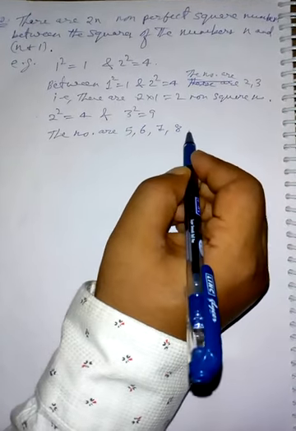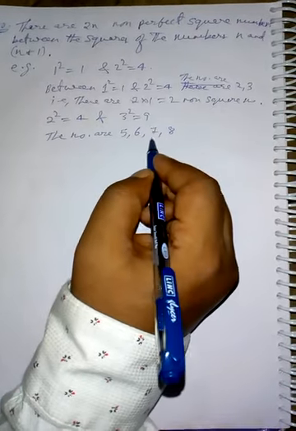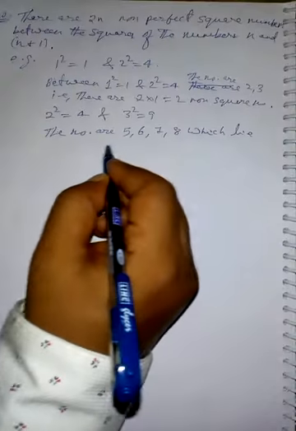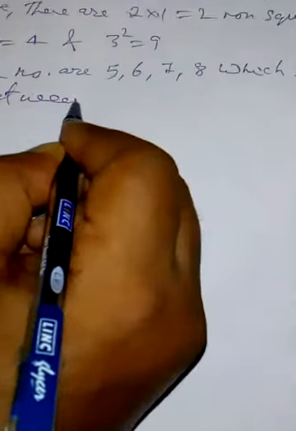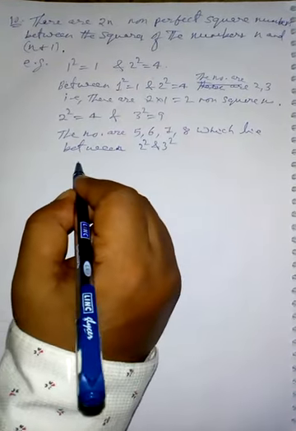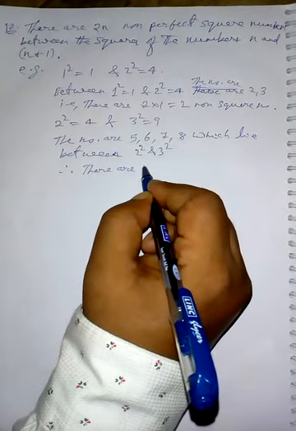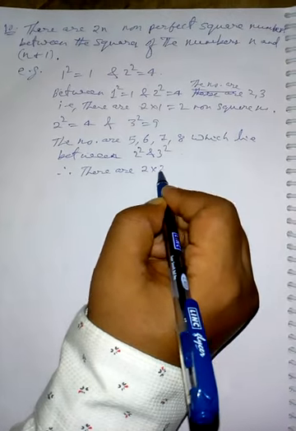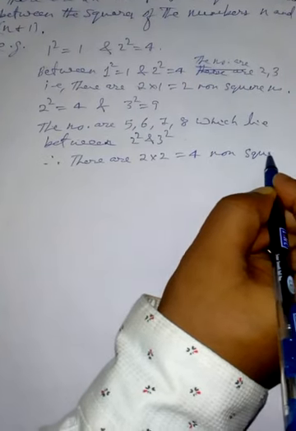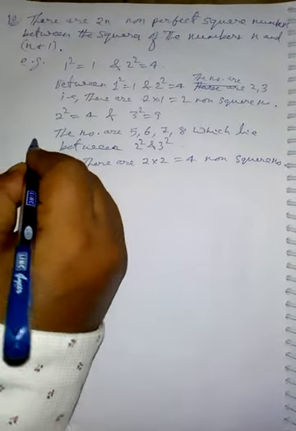So the numbers 5, 6, 7, 8 lie between 2 square and 3 square. Therefore, there are 2 into 2, that equals 4 non-square numbers.